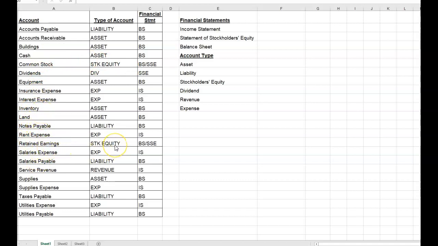It's a stockholders' equity type of account, but it goes in two places. It goes on the balance sheet and it goes on the statement of stockholders' equity. And as we work through these examples, you'll see why that happens. Expenses go on the income statement, revenues go on the income statement. And so there's a list here, and I'll upload this for you so that you can play with it.